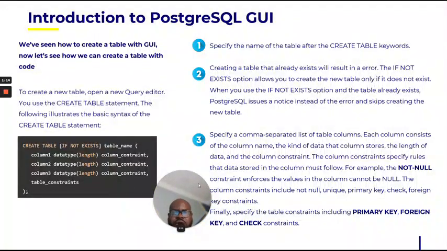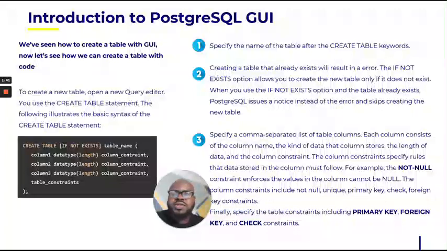Now, the clause if not exist helps us counter an error and checks the database if that table exists before or not. So say, for example, I'm creating a new table and I want to call it customer table. And I enter my code, create table, customer table.